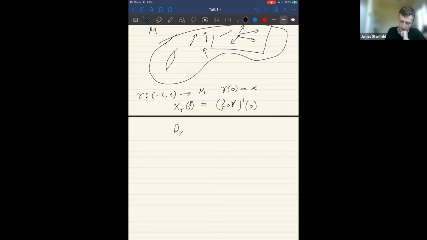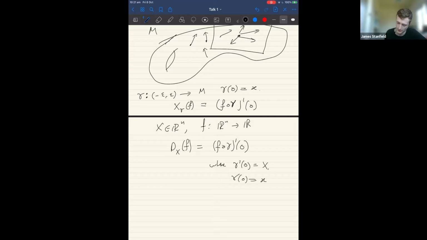If we take the directional derivative, everything's in Rn right now. So we take x some vector and f mapping from Rn into R. Then the directional derivative is just the derivative of f composed with gamma, where gamma dash of 0 is going to be x, and gamma of 0 equals x, and we want to take the derivative at some point.